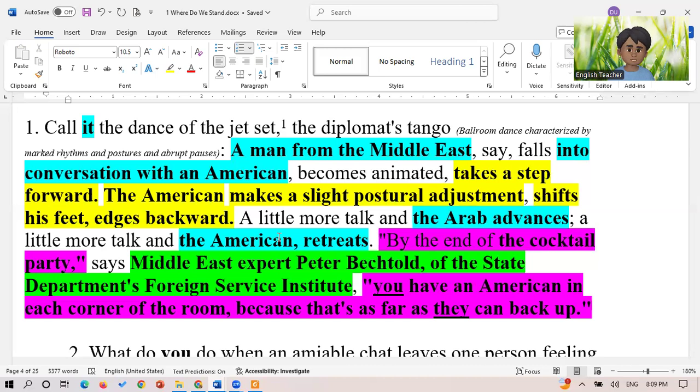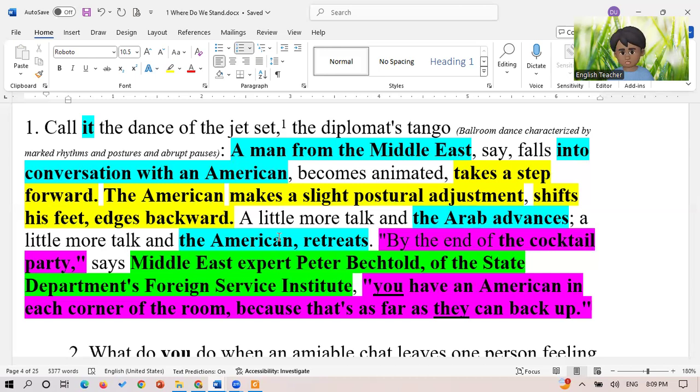The American government's State Department's Foreign Service Institute seems to have organized an interaction program or some kind of meeting where people from different countries, particularly diplomats, have gathered, and then they are having a party, they are drinking and they are dancing, and then there is a person from the Middle East and he joins an American in conversation.